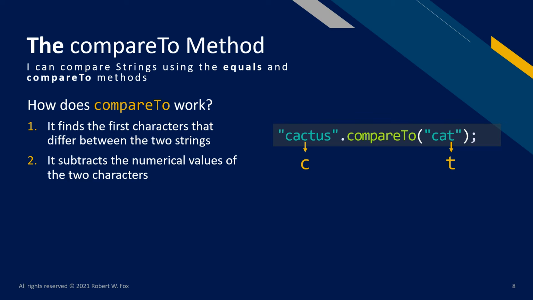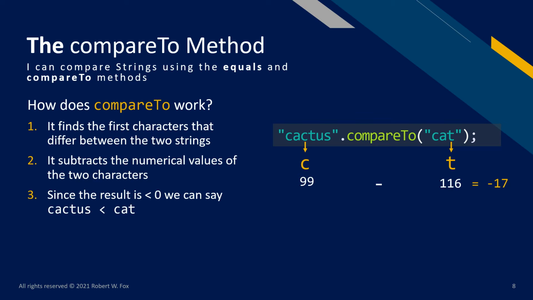And then Java will go ahead and subtract the numerical value of those characters. So in this case, a C is a 99, a T is a 116, and 99 minus 116 gives us negative 17. Notice that that is a negative result. And because that result is less than 0, we can say that cactus is less than cat, which means that cactus comes earlier in the alphabet than cat does.